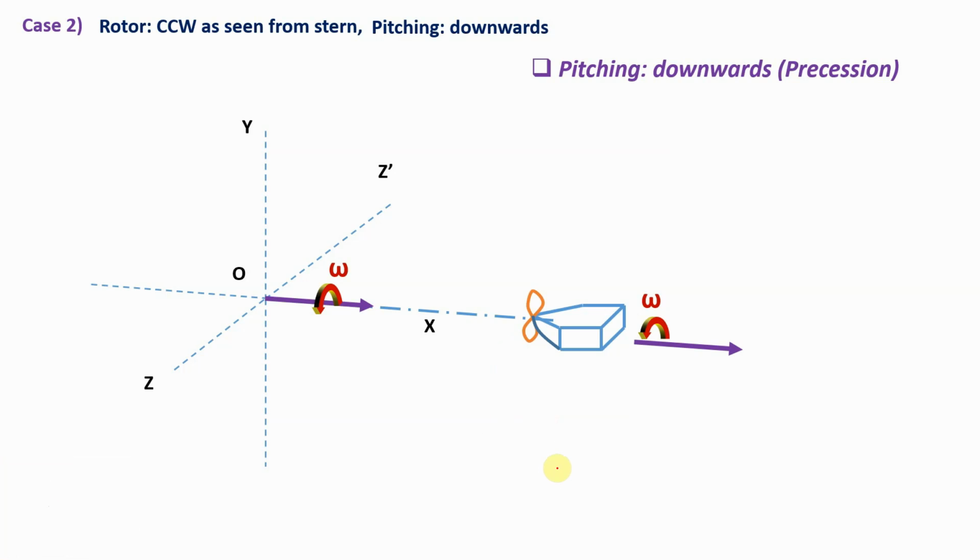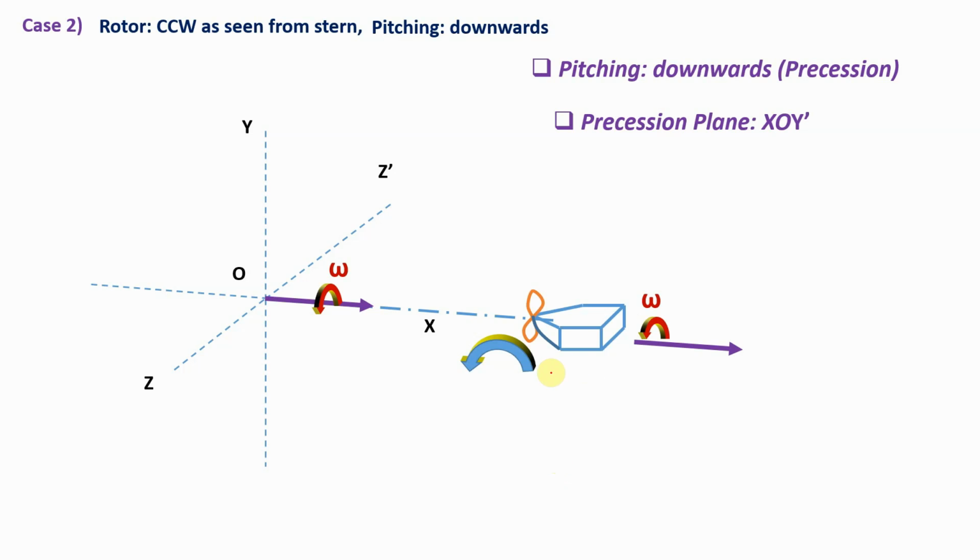So at this instant the ship is pitching downwards, its bow is going downwards, and this motion of the bow going downwards takes place in the vertical plane XOY or XOY dash.